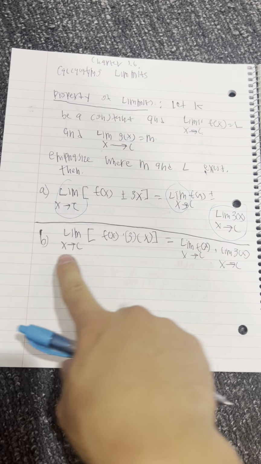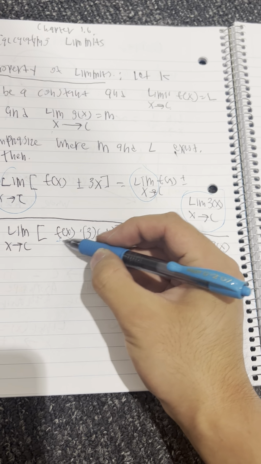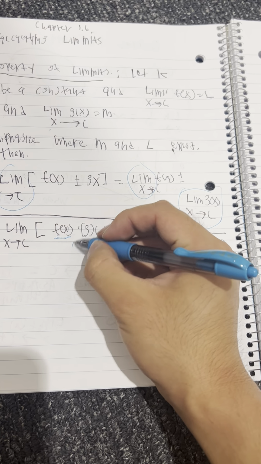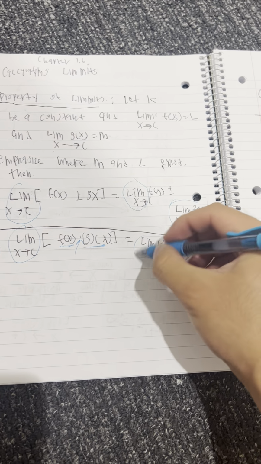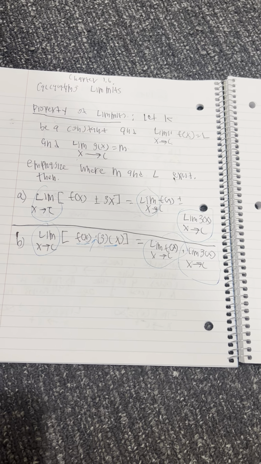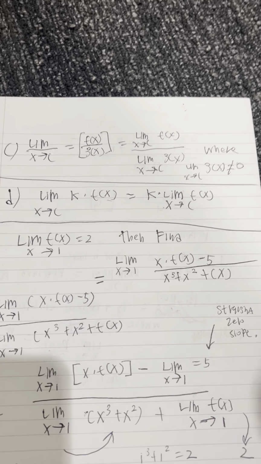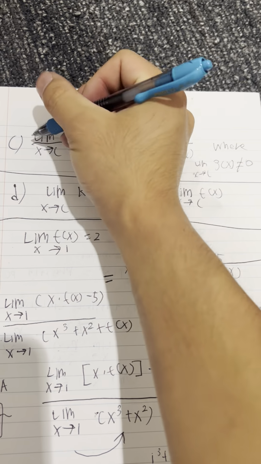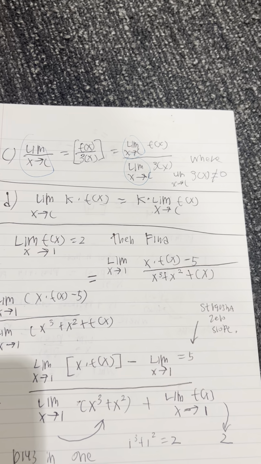The same thing goes with multiplying f of x and g of x: you can separate the two in a different way. It also works when you're dividing, where if these two exist, this can turn into that and that independently.